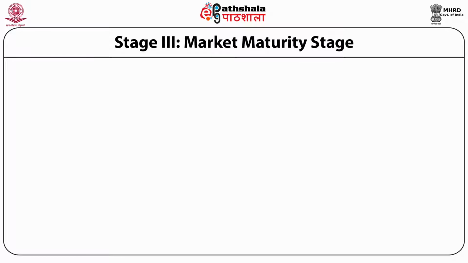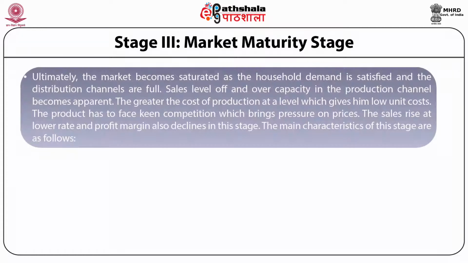Then the stage third, market maturity stage. Ultimately, the market becomes saturated as the household's demand is satisfied and the distribution channels are full. Overcapacity in the production channel becomes apparent.